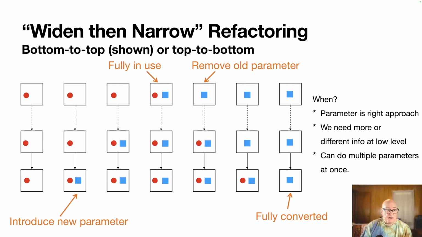Well, we can start at the bottom and say, what I really need here is a month year, not just a month number. And then where we're going to get that month year? Well, it's going to be one of our callers. And so we'll work our way up. In the third column, we'll get to that previous caller and get the month year from them, and then continue on until we're back up to where the information is available, and then we're ready to send it all down.